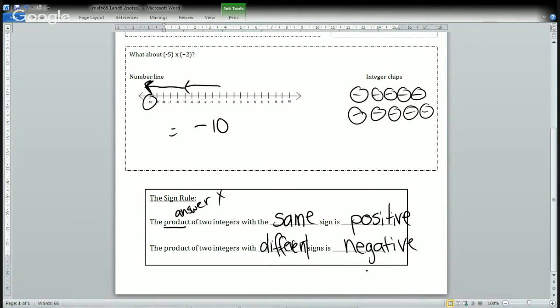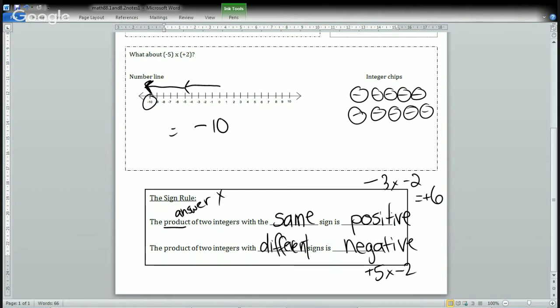So that means that positive 5 times negative 2 would also be negative 10. That also means that negative 3 times negative 2 is going to be a positive, which is positive 6. I'll show you some examples of how that works.